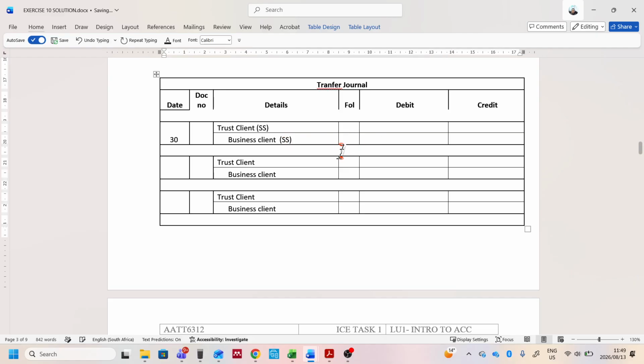Then the narration, transfer of monies due. That's it. Then how much was transferred from Salis no account? Was it 45,000? And then 45,000.